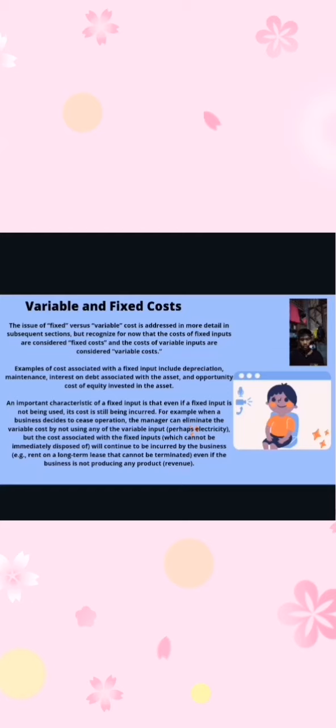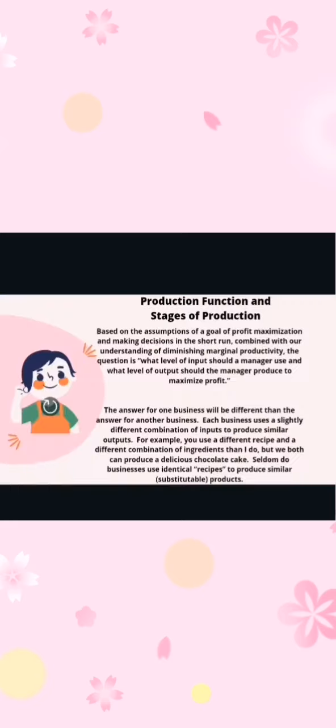For example, when a business decides to cease operation, the manager can eliminate the variable cost by not using any of the variable inputs, perhaps electricity, but the cost associated with the fixed input, which cannot be immediately disposed of, will continue to be incurred by the business, e.g. rent on a long-term lease that cannot be terminated even if the business is not producing any product or revenue.